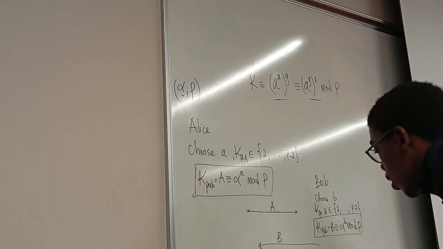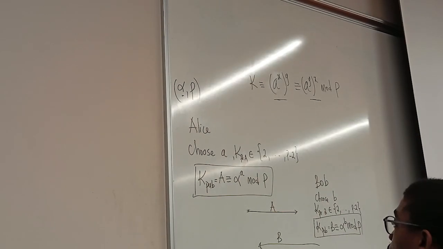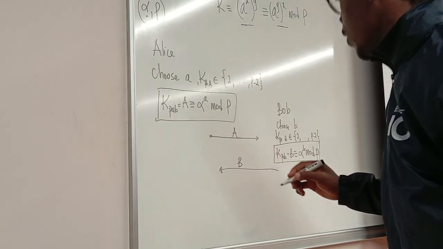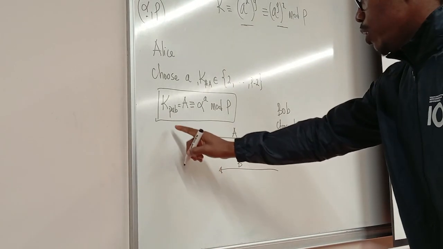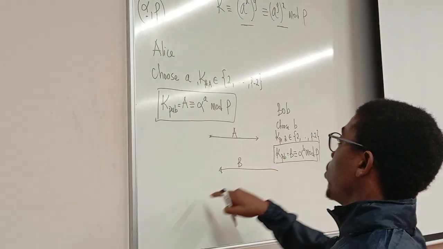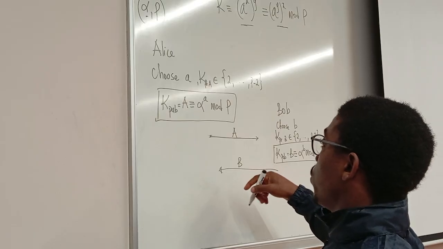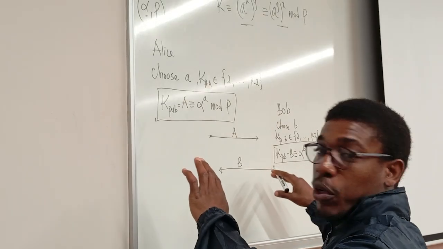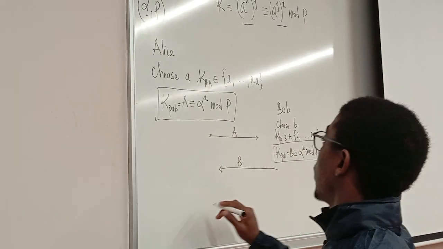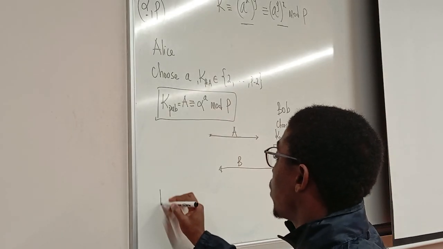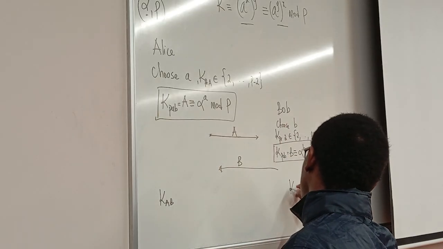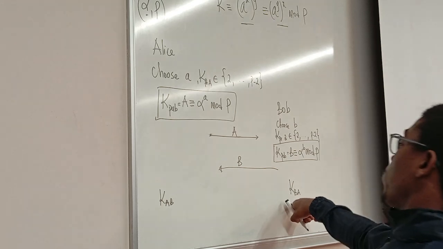Let's take it down a little bit, and let's start with Alice. Alice has received B from Bob. We are assuming we're now trying to establish the joint shared secret. So Alice is going to compute KAB, the unique thing that exists between the two of them, and Bob is going to compute KBA.